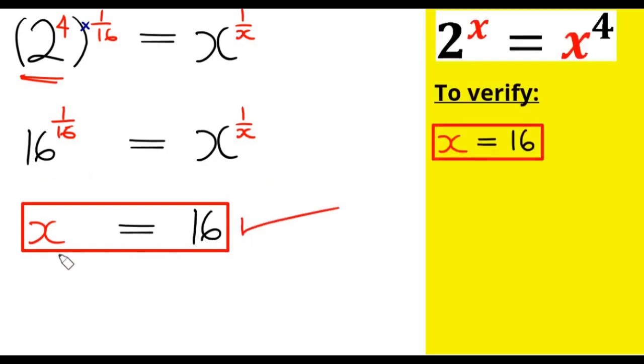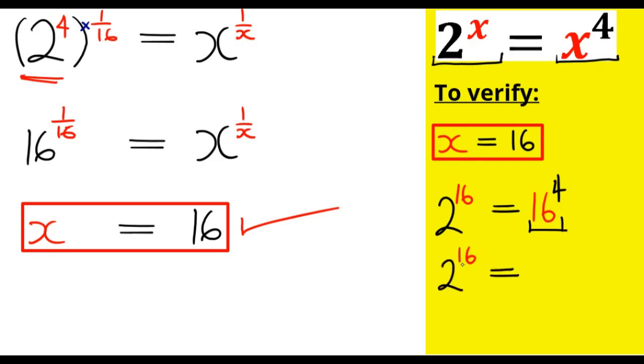So in order to check and verify if x is actually 16, we go back to the question, 2 raised to the power of x equals x raised to the power of 4, and insert 16 wherever we find x, and confirm if the left hand side equals the right hand side. Then we write 2 raised to the power of 16 equals 16 raised to the power of 4. Writing 16 in index form, 16 is the same thing as 2 raised to the power of 4.